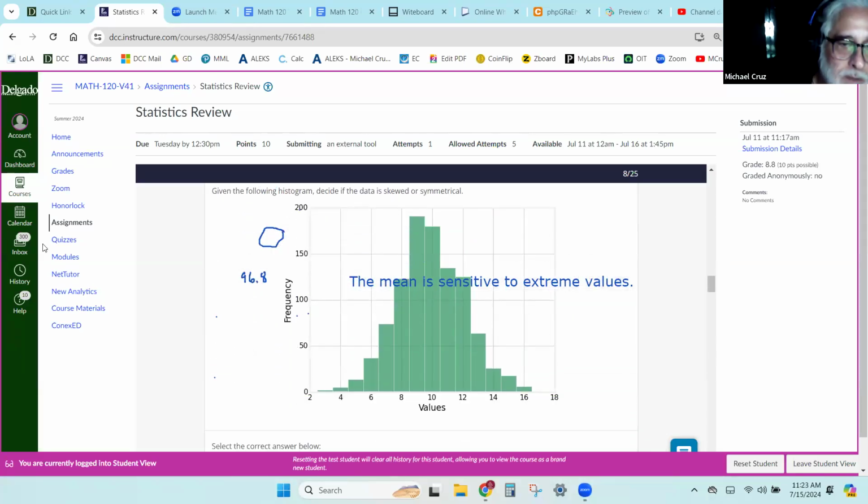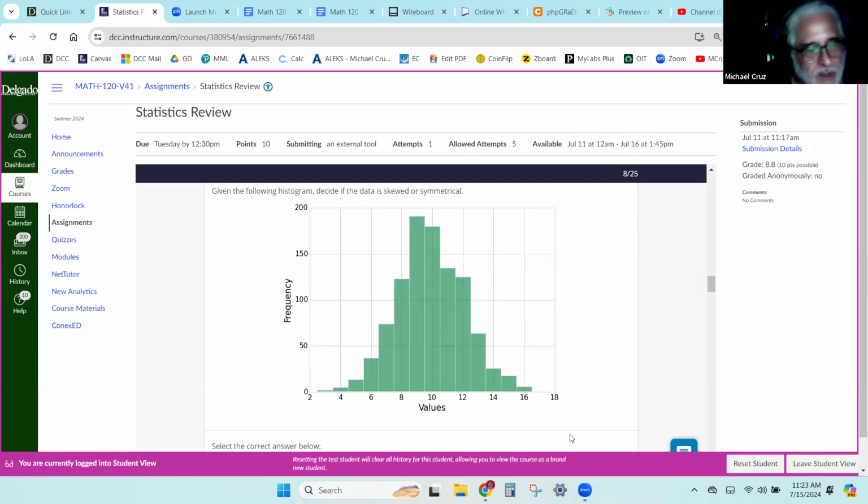All right, so just the shape of the data. Basically, if it follows the pattern of starts out low, gets high in the middle, and then comes back down, then this is what we consider symmetric data, normally distributed data. So if it was skewed, there would be a real long tail, like if you took that tail next to that 16 and yanked it and caused everything to pull to the right, or you could also do it on the left.